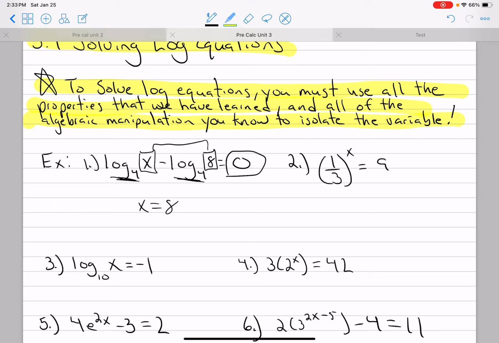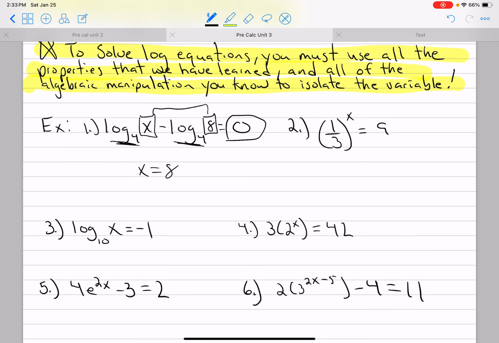All right, go ahead and write down number 2. It says (1/3) to the x equals 9. There's actually a ton of different ways you can solve this. If I was going to solve this, I'm thinking, well, I know 1/3 is the same as 3 to the negative 1 power. So that becomes 3 to the negative 1 times x. And that equals 9.